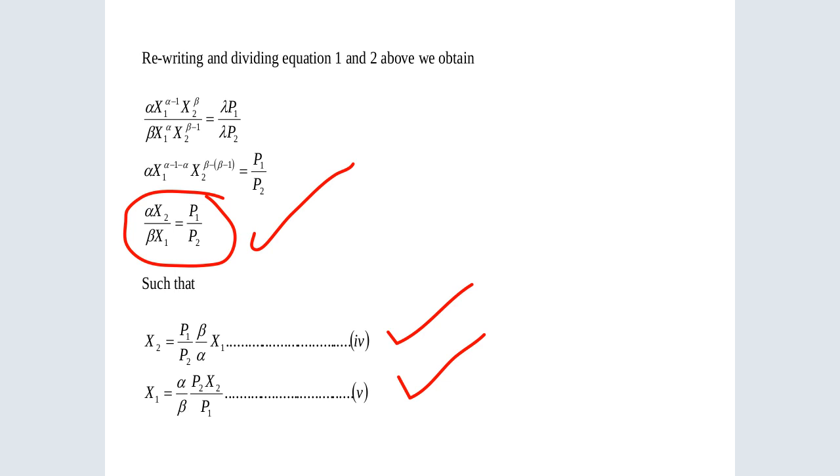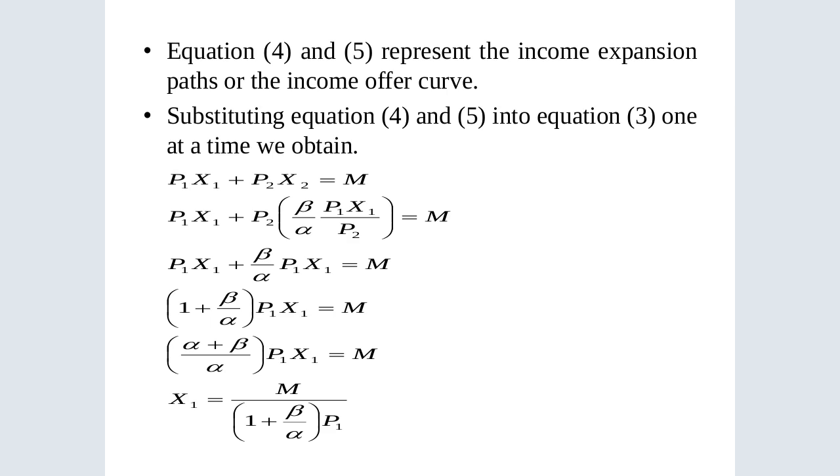Now from this step, we need to go back to our budget constraint. We replace x1 and x2 in our budget constraint, one at a time. So we go back to the budget constraint. Now, this is our constraint.